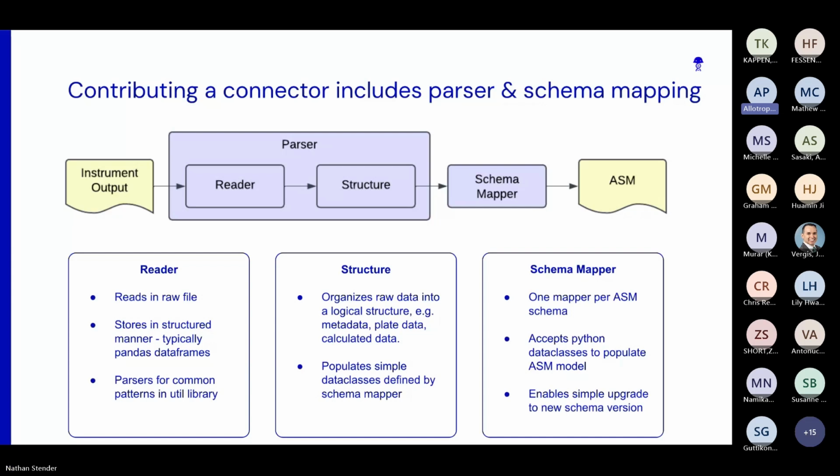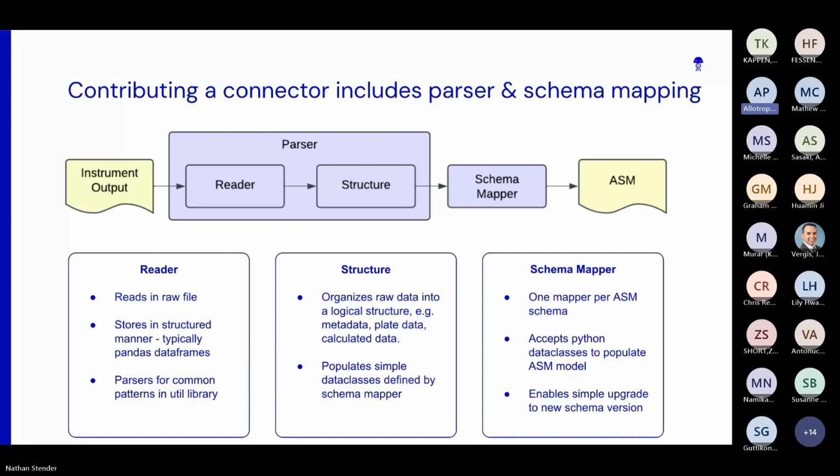The second step is the ontology mapping, which we call the structuring step. So there's a file in your parser folder called structure. This takes in the data set that's produced by the reader, depending on the scenario, and maps that into the actual ASM ontology.